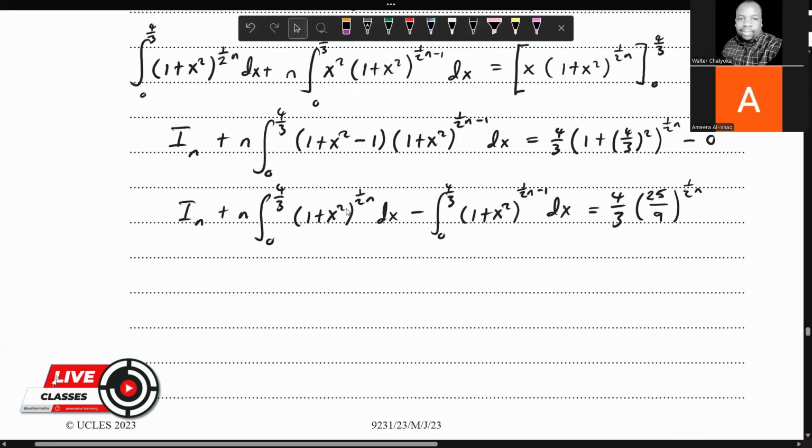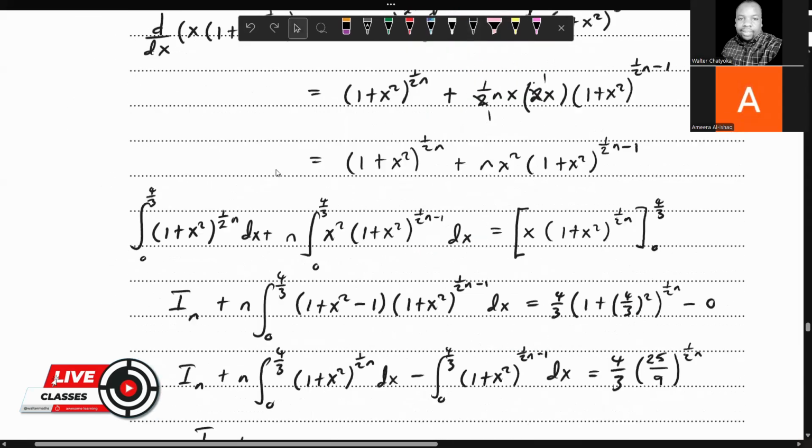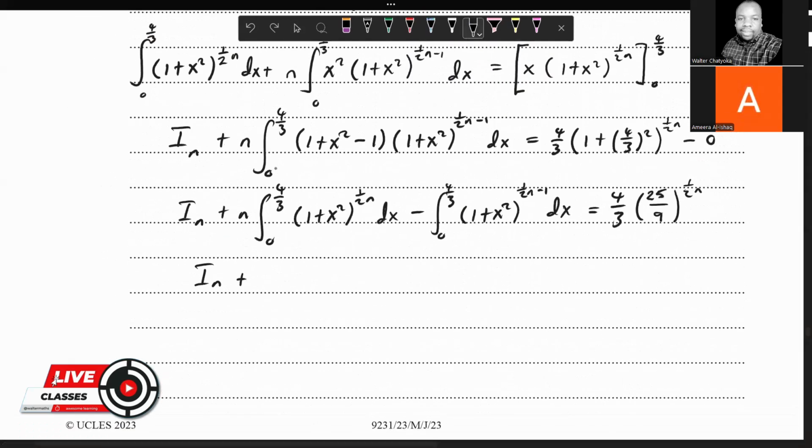So we have I sub n plus this part; considering the form of I sub n, it is actually the same. So it's going to be n of I sub n. And that's going to be minus, here the n should also affect, right? So minus n of I sub what? Now half n minus 1.